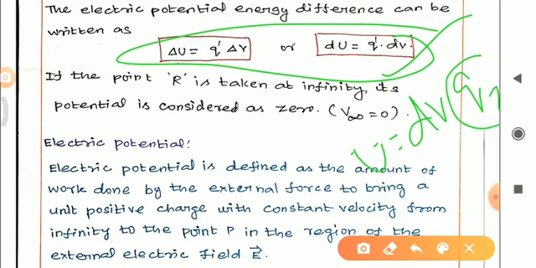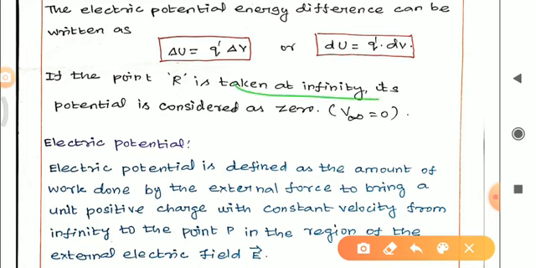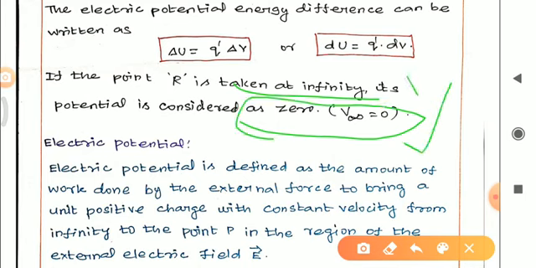Everything is the same. Suppose the test charge is at a distance of infinity, then what is its potential? Its value is 0 at infinite distance. Important 1 mark question: the electric potential at infinite distance is always equal to 0.